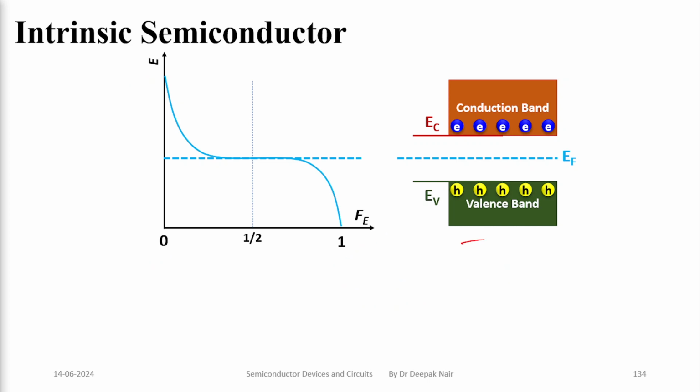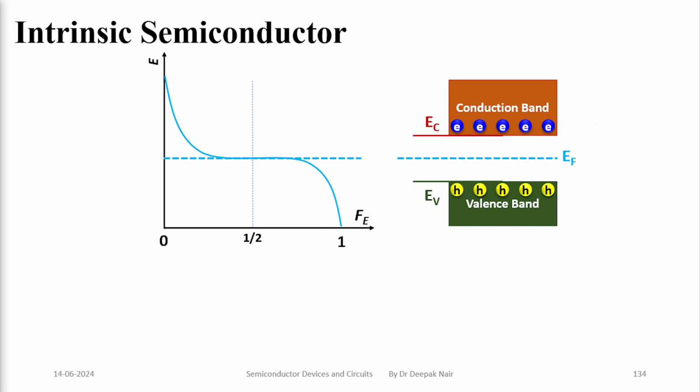On the right side we can see the representation of the conduction and valence bands, where EC represents the energy associated with the conduction band and EV is the topmost energy associated with the valence band.